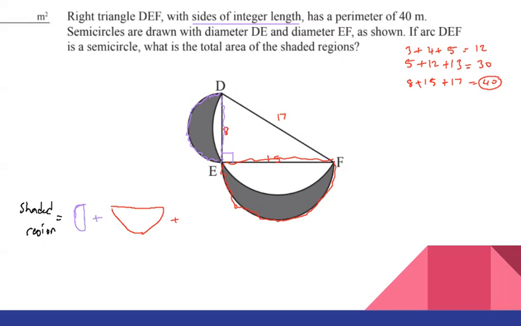Maybe I should use a different color, but anyway. If I combine all these three, that will be the whole region, right? But let's organize our way of coloring. And then if I subtract now from these three, I hope it will make sense to you. So if I subtract the area of this half circle, that would be something like this.